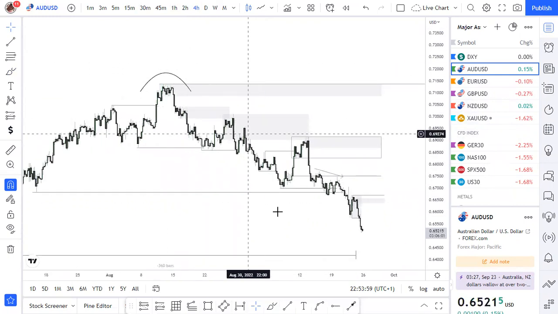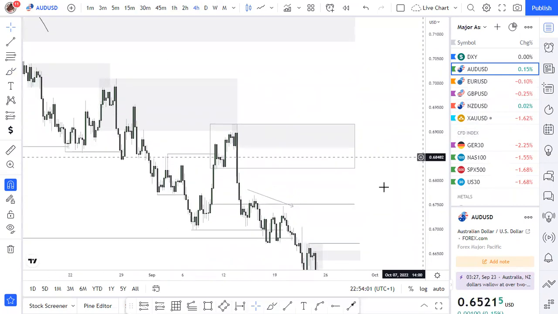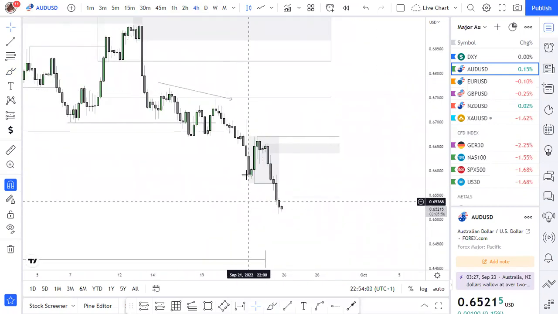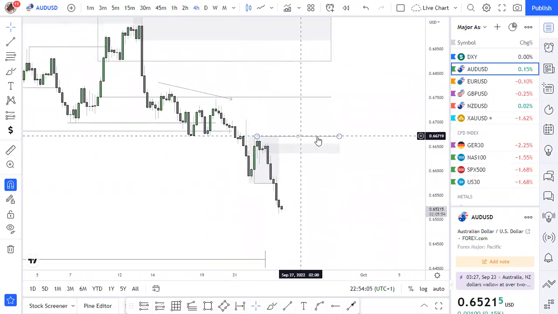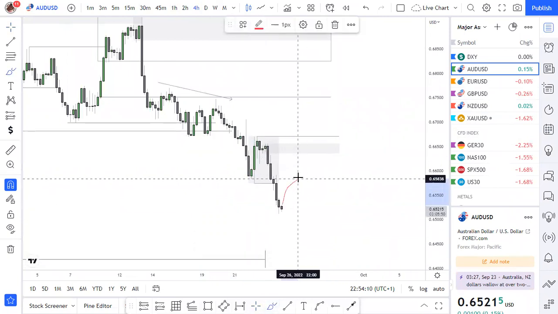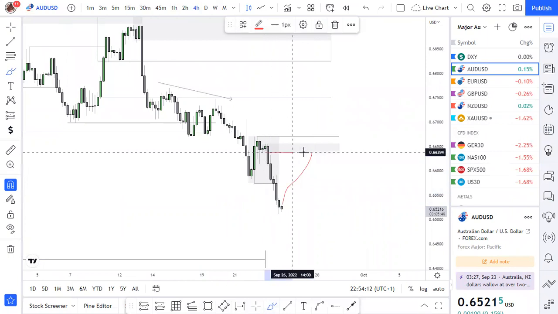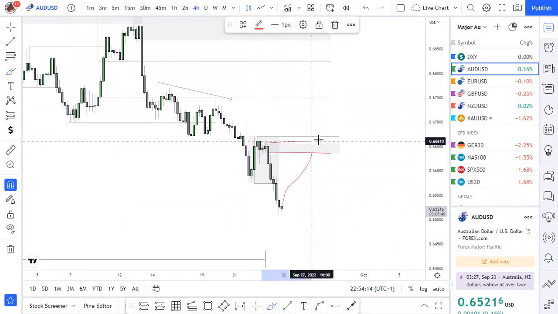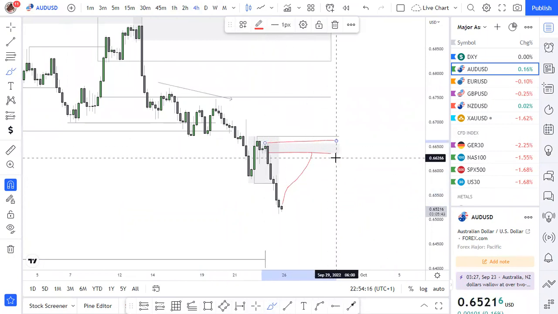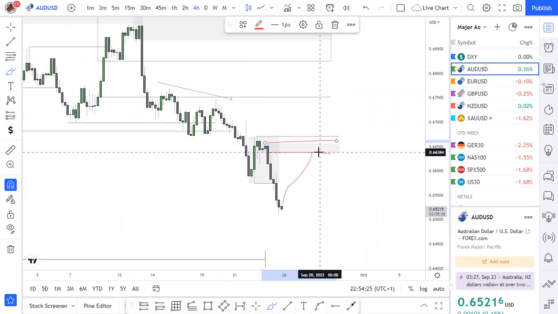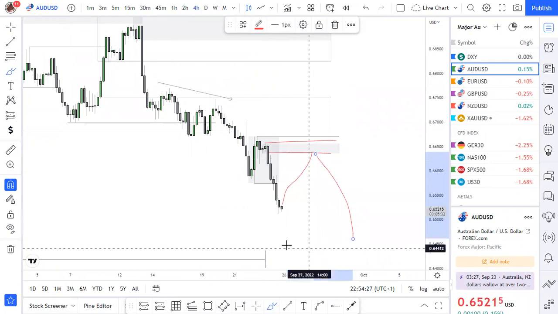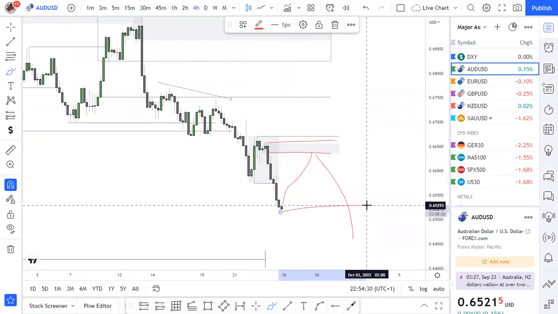So 4 hour time frame structure, we have our last lower high here, our last lower high here. So we want to see price pull back. If we get the confirmations needed for the sales, that's if we get that 1 minute break of structure, price confirming the structure on the 1 minute, then we can still take the sell from the supply zone here and still look to target this low.